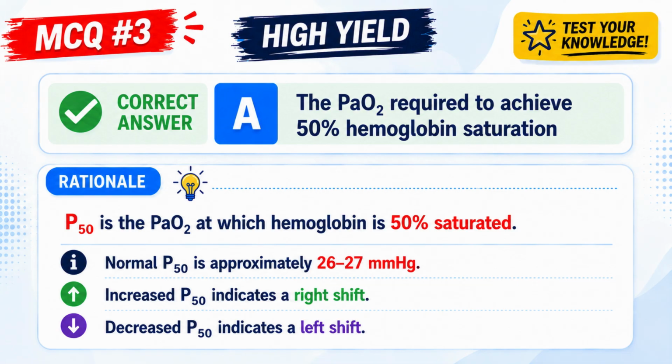Increased P50 needs more PO2 to reach 50%, lower affinity, right shift. Decreased P50 needs less PO2 to reach 50%, higher affinity, left shift. This is your single number summary of where the curve sits. Memorize this relationship. It is the foundation of every curve shift question on boards.